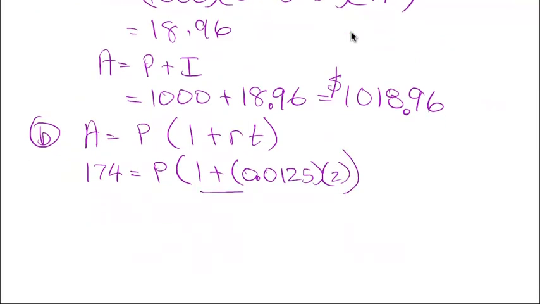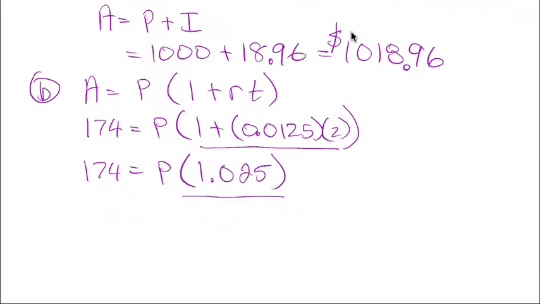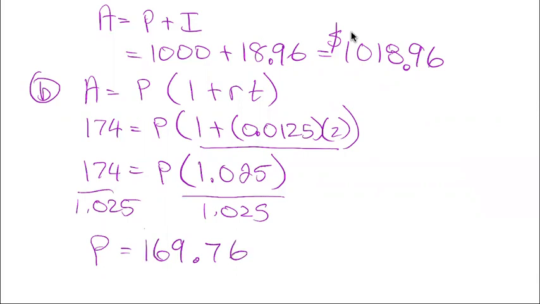If I calculate out this bracket here, I get 174 is equal to the principal times 1.025. And then to get P by itself, I'm going to divide by 1.025. My principal works out to be 169.76.